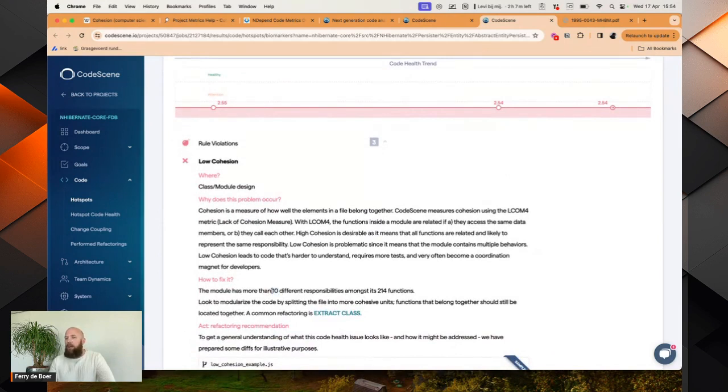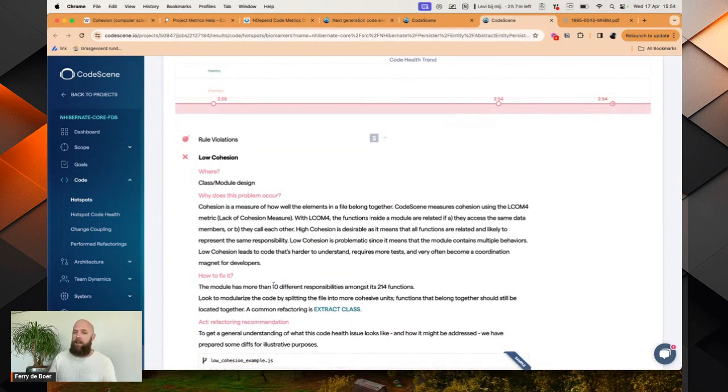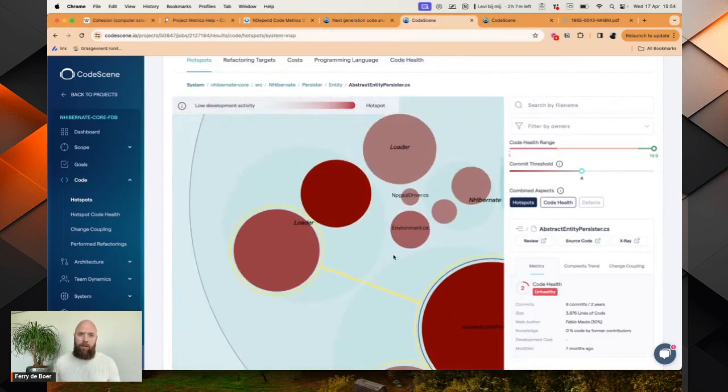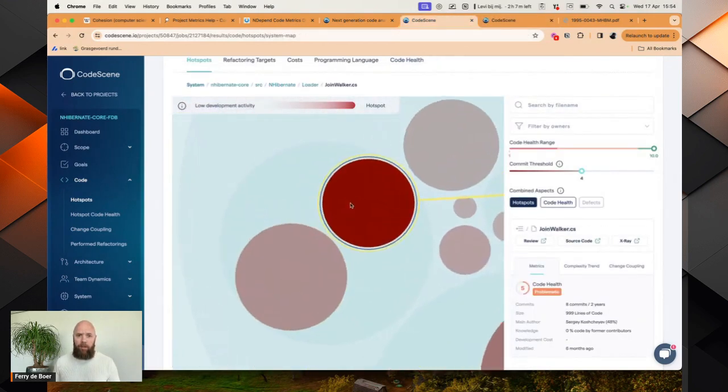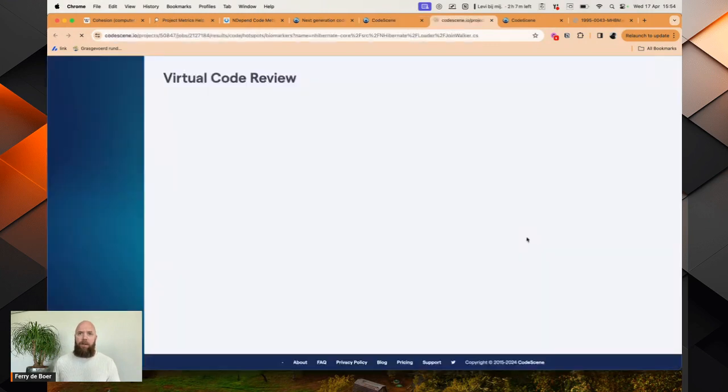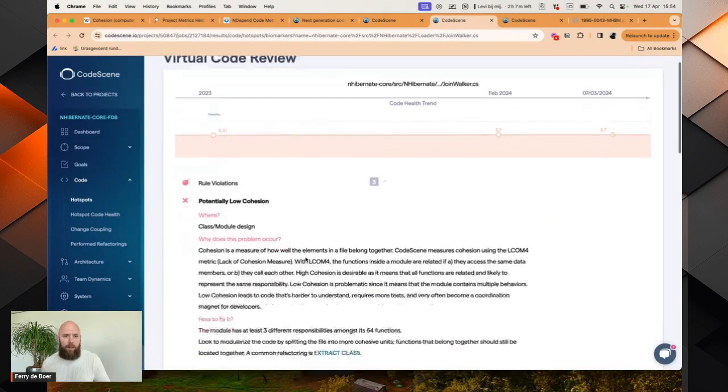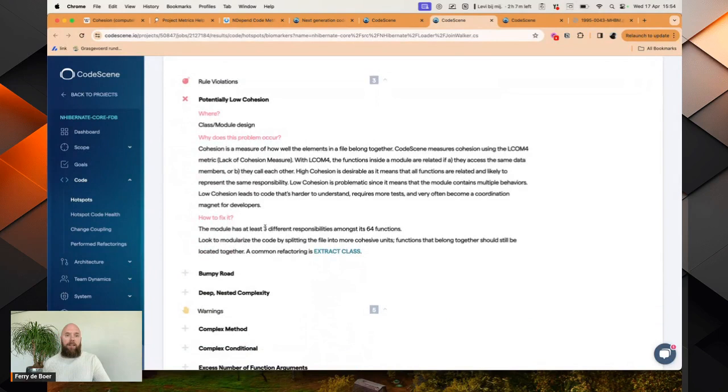So it has a clear number. This is probably the result of LCOM 4, so it counts 10 distinct graphs. And there's another one, and then I'll show you the actual graphs in NDepend, which is the join walker, where it says it has 3 different responsibilities.